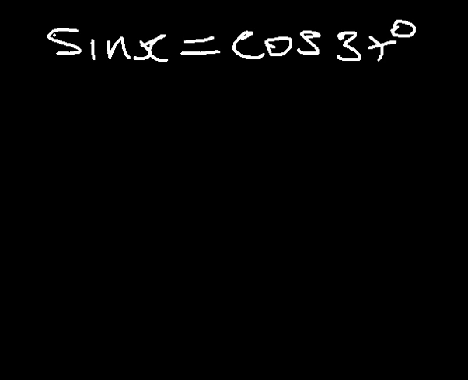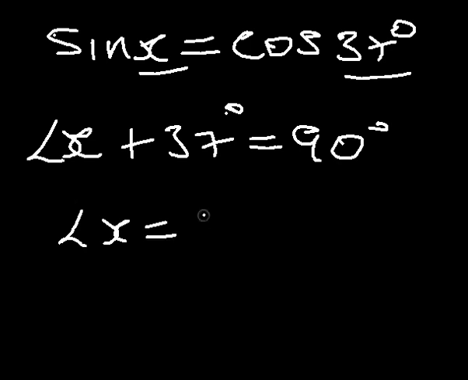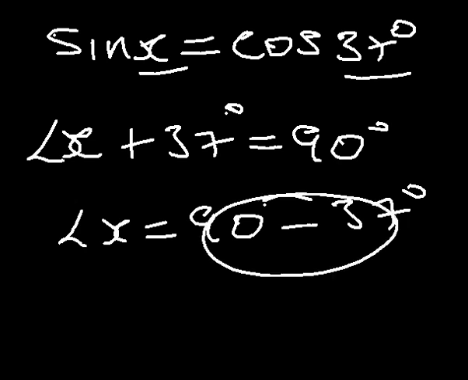Keep in mind that x and 37 are complementary acute angles, in the sense that angle x plus 37 is the same as 90 degrees. So we'll have angle x equal to 90 degrees minus 37 degrees, and you'll be able to have the value of x there.